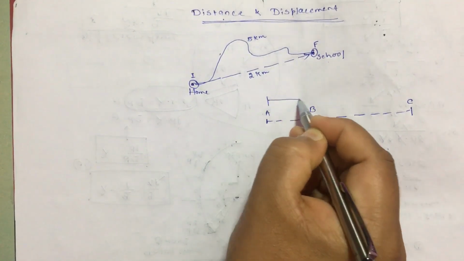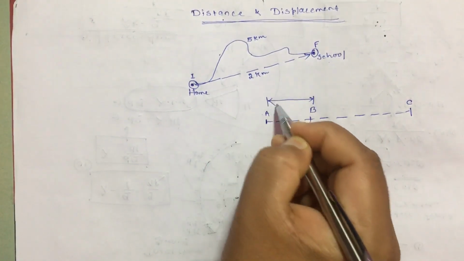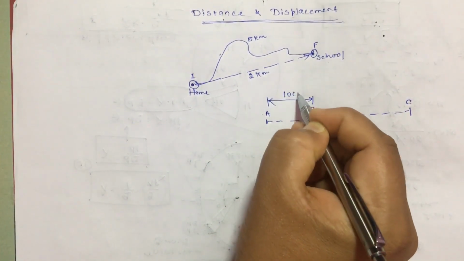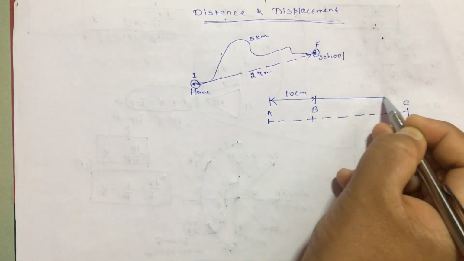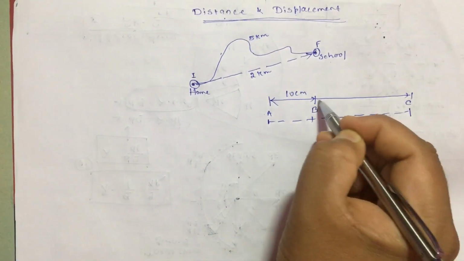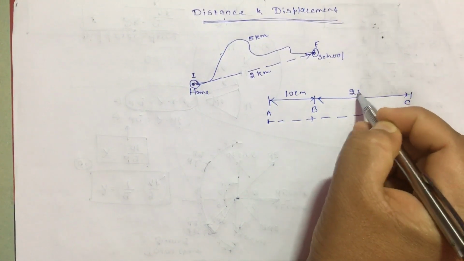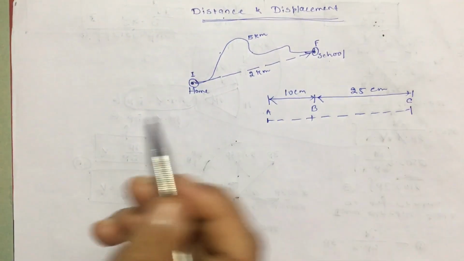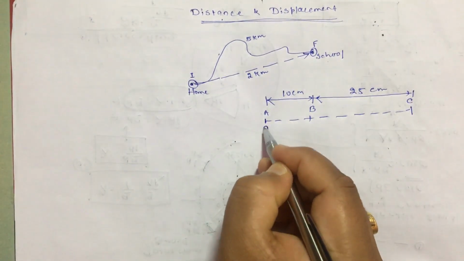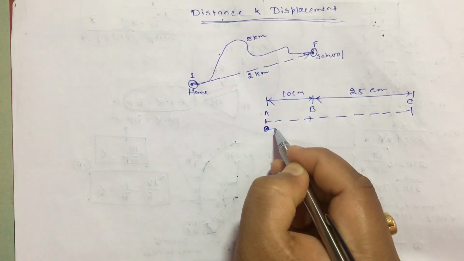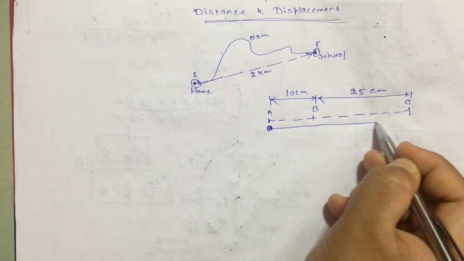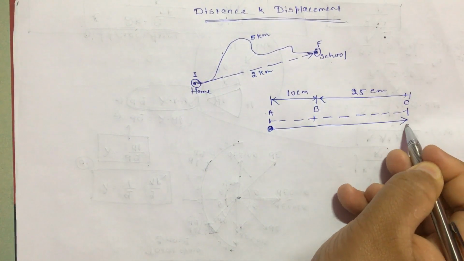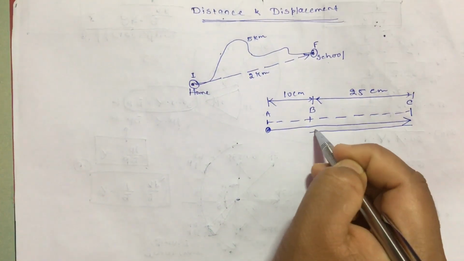From here to here, this distance is 10 centimeters, and from here to here, this distance is 25 centimeters. Now a person has started from A and is moving to C, then from C it is returning back to point B.